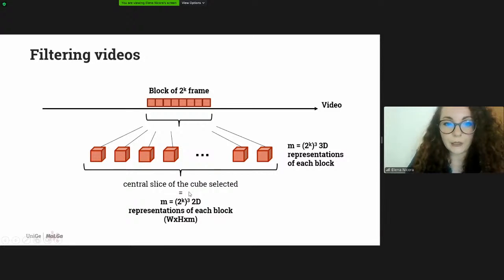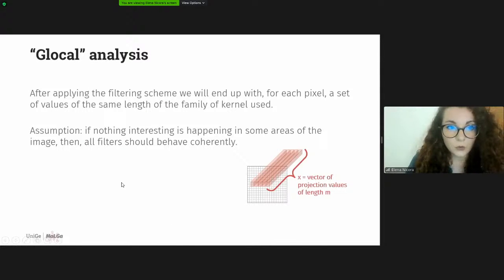So we selected this central slice, ending up with a 2D representation for each block in the video. After applying the filtering to the video, we will end up with, for each pixel, a vector of values of the same length m as the family of kernels used.